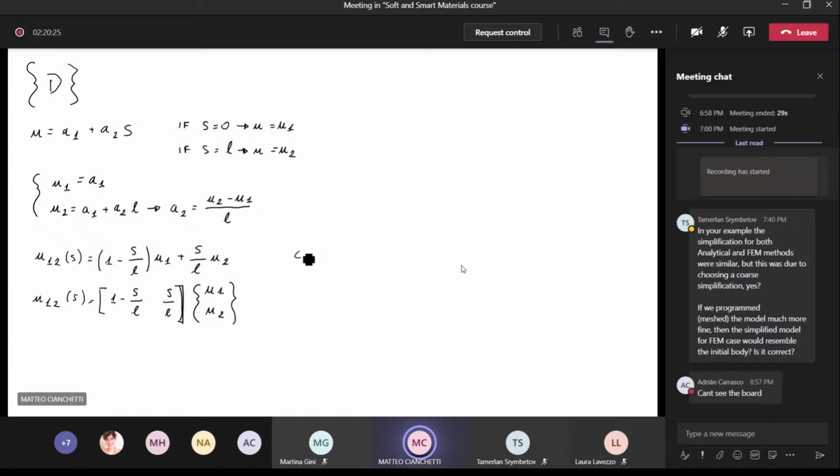We can do a similar reasoning also for the stresses, but as we saw before, it is just the definition of the constitutive equation.